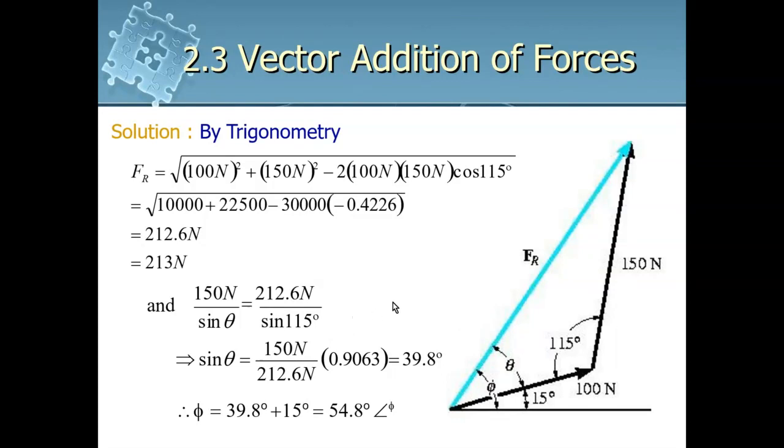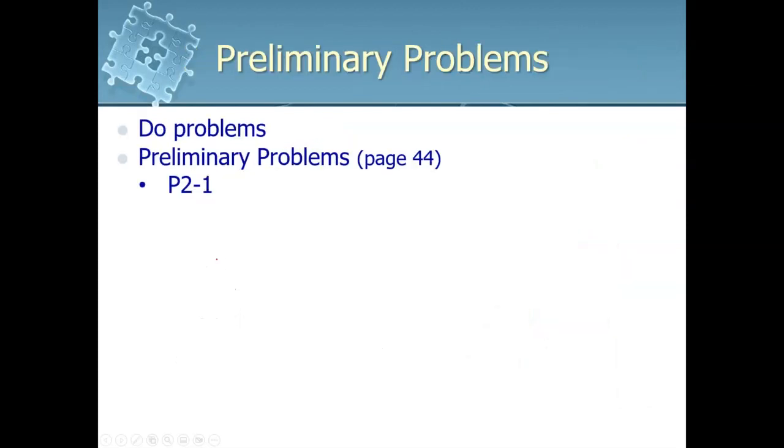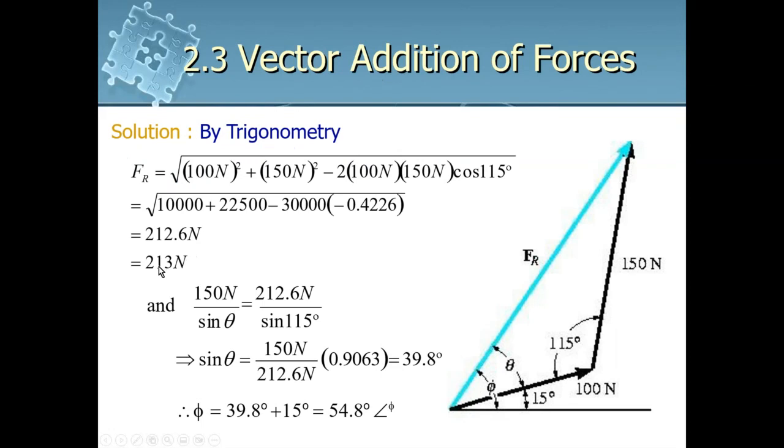It's not the only way you can solve this problem; you could have done it differently, but we did it in a simple way. If you plug in the numbers, the resultant force would be 201 newtons. The unit for force is newton.